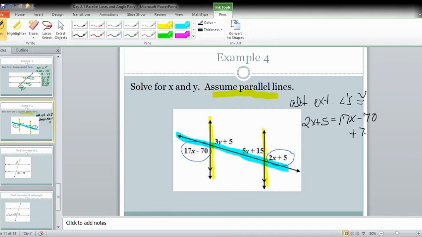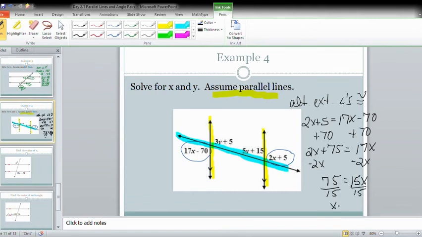I'm going to add 70 to this side and add 70 to that side, giving me 2x plus 75 is equal to 17x. I'm going to subtract 2x from both sides, giving me 75 is equal to 15x. And then lastly, we divide by 15, giving me x is equal to 5.